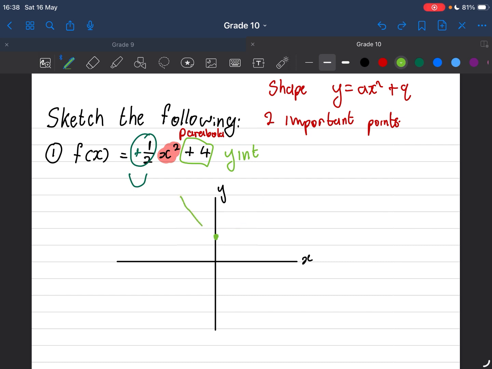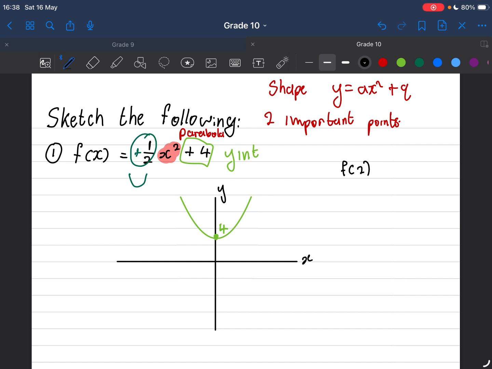So our graph is going to look something like that, and it passes through the y coordinate of 4. Now remember, I said you need at least 2 points, so we're going to find one more point. We can find f of 1, or rather let's do f of 2.